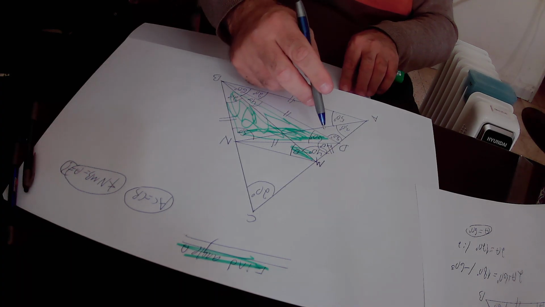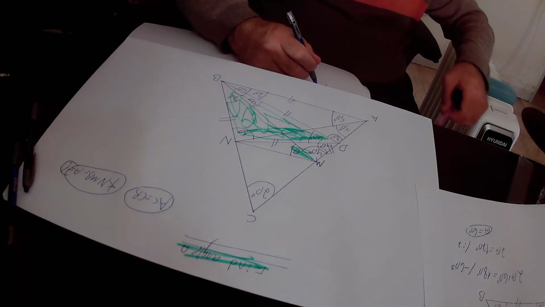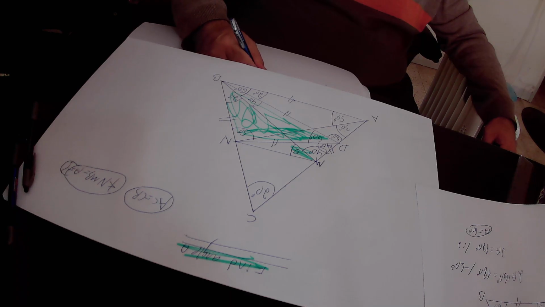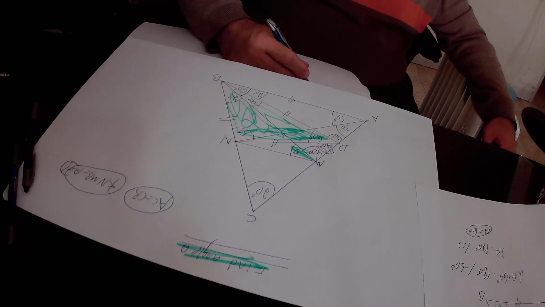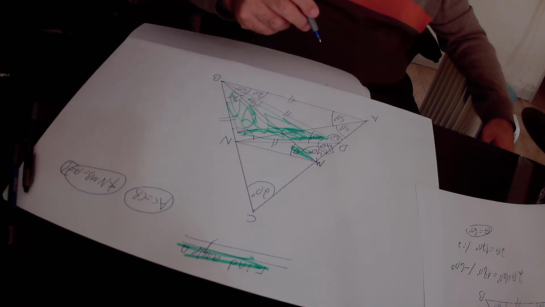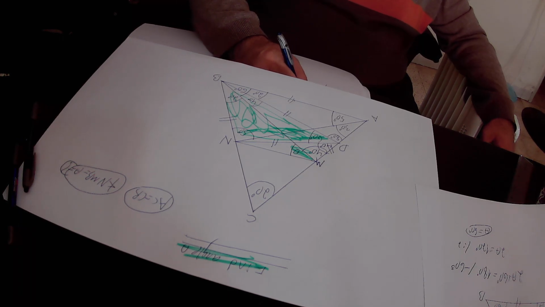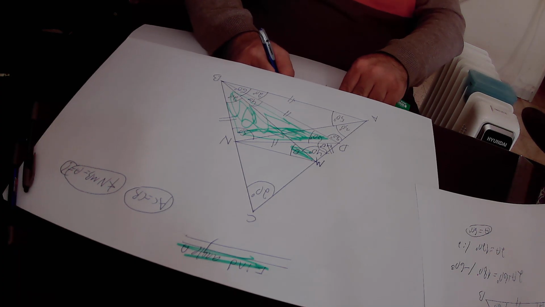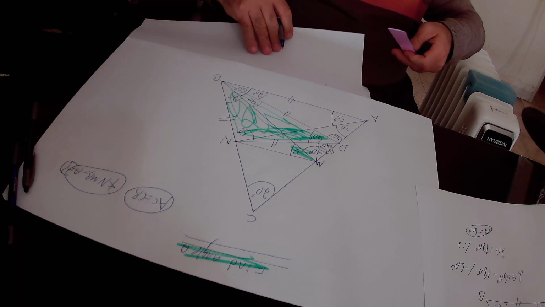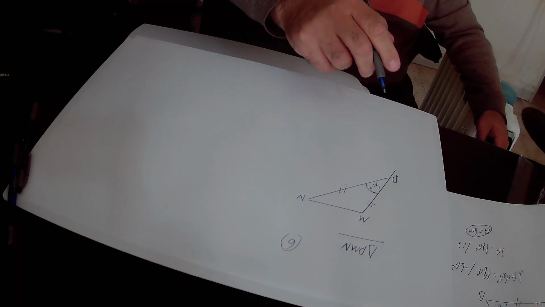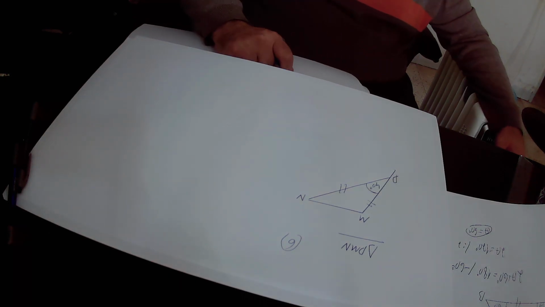We get angle DMN equals 40 degrees, and we found out that DM equals DN. So actually, this is triangle DMN, the copy from the original drawing.